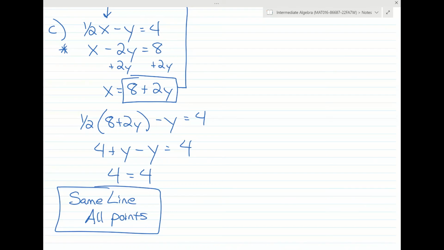And one last problem for tonight is what if we had 8x plus 2y equals 11 and negative 4x is equal to y plus 8.